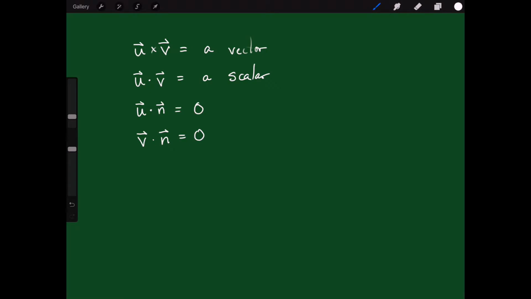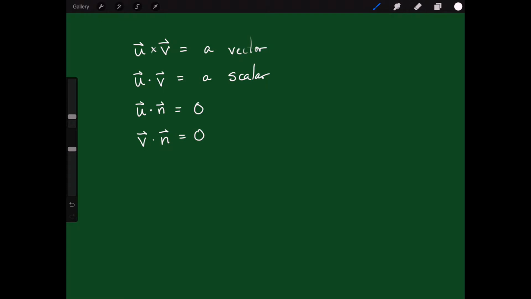Because n is described as being perpendicular, or another word for that is orthogonal, to both u and v. So since it's orthogonal to u and v, if you dot it together with u or v, you're going to end up with 0. Okay, so that normal vector n that you get out is going to dot together with both of those to give you 0.